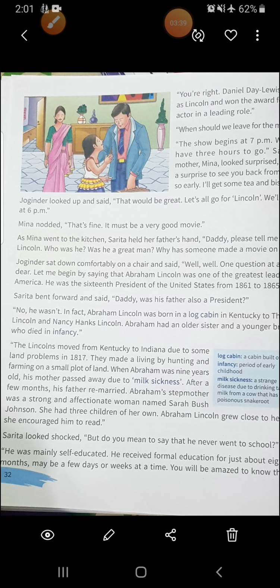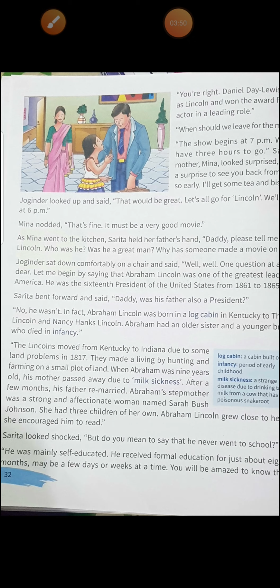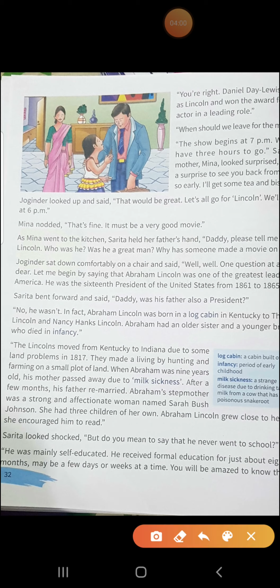And that is what happened with Abraham's mother. She died due to milk sickness. Alright, and a few months after she died, his father married again. Alright, he remarried.